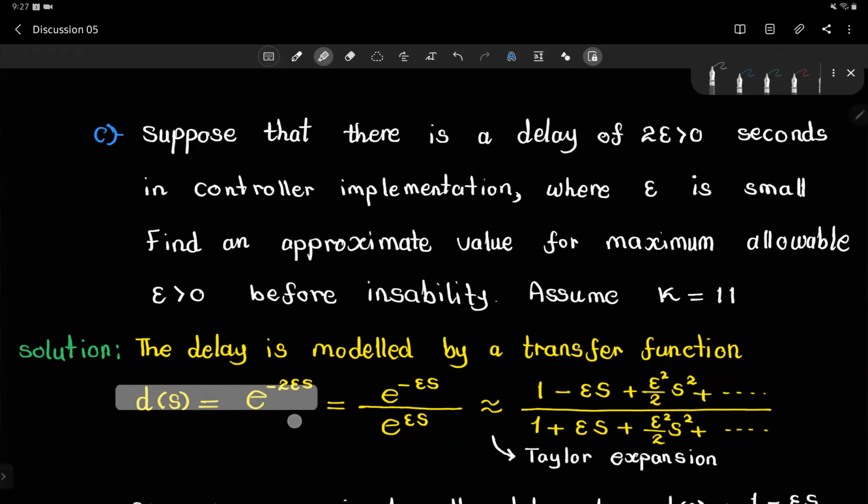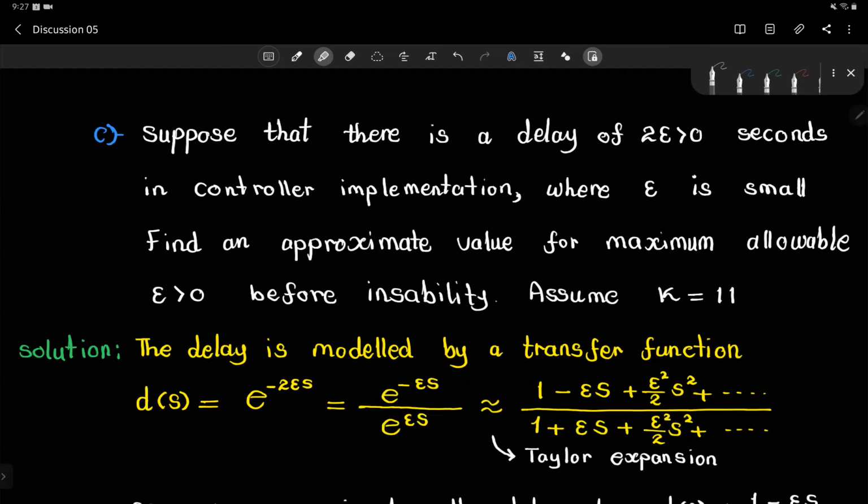And we can easily see that if we have a delay of 2 epsilon, we can just write this as e to the power negative epsilon s divided by e to the power epsilon s. Okay, so far everything is exact.